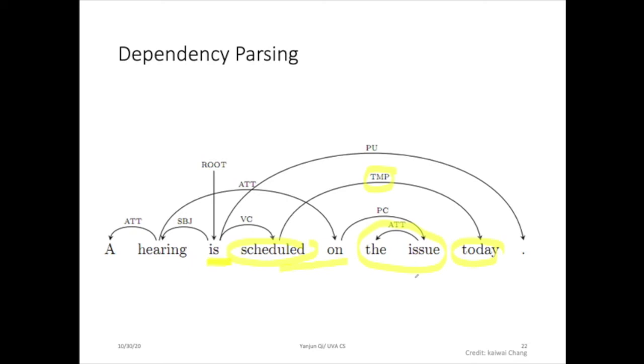And scheduled is passive, right? So you can actually tell. This kind of dependency parsing can convert a sentence into a graph, and then you can work from there. These pairwise relationships give a rich representation of the sentence.